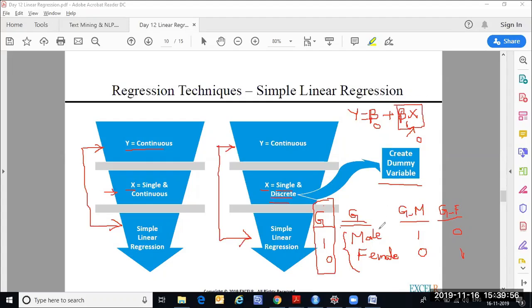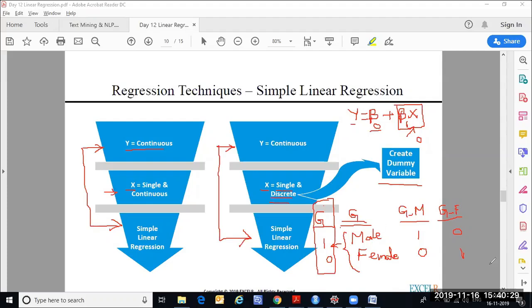Clear? But in case of a male, I'm replacing that with 1, so whatever the coefficient value is, accordingly the entire value will result. That means I'm getting biased towards a class. So for all female records, the output variable will always be equal to the intercept value, which is not correct. We're getting biased towards one class.